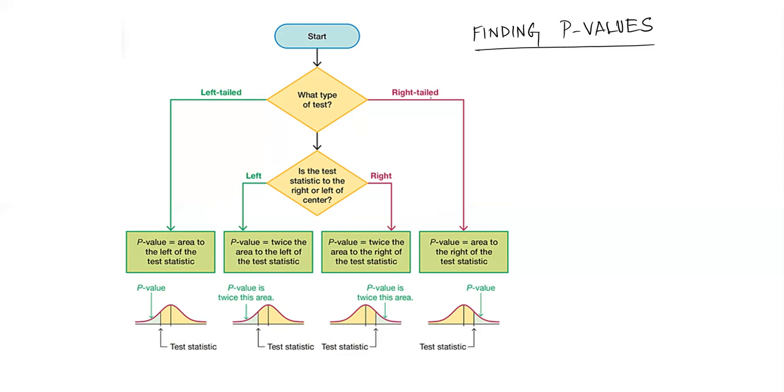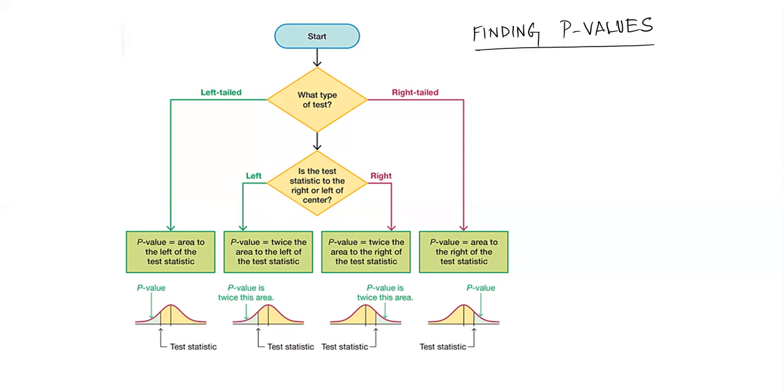And if it's right-tailed, then you go to the test statistic. If it is right-tailed, the p-value is equal to the area to the right of the test statistic. And then we also see where the test statistic lies. Does the test statistic lie on the left or the right of the center? And then that gives you the p-value as twice the area to the right of the test statistic.